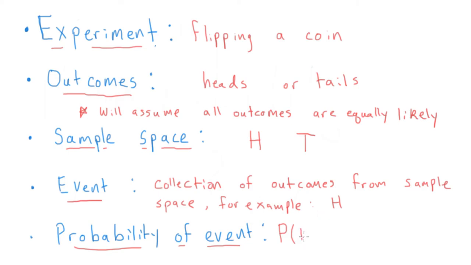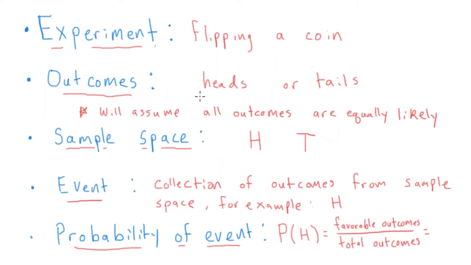So I'm going to put probability of H, and now here again this is kind of shorthand, but I'm just saying the probability of flipping heads is going to be a fraction or a ratio. It's going to be the ratio of favorable outcomes to total outcomes. And now, of course, this is favorable outcomes in the sample space and total outcomes in the sample space.